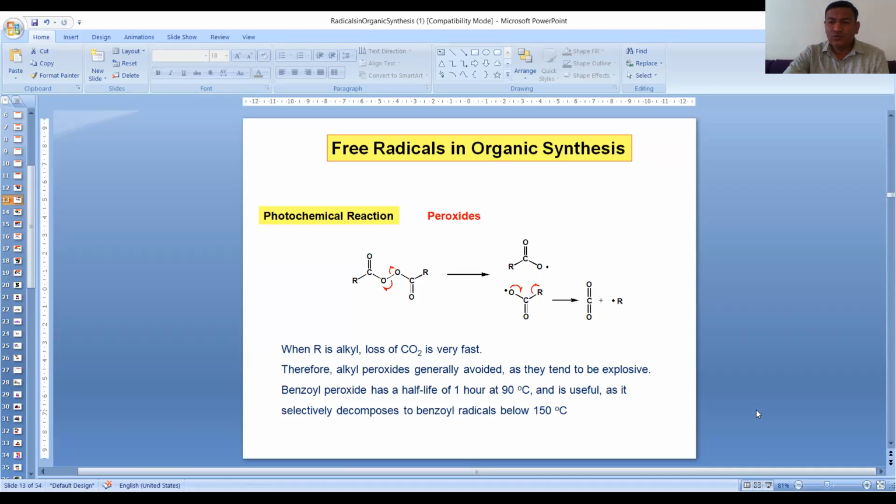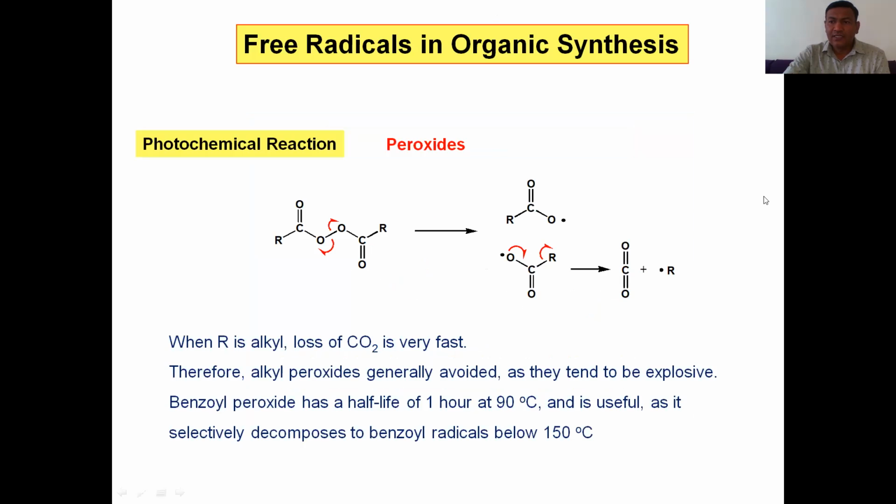And then we have to move towards the stability part, right? Stability of the peroxide. We have seen in pericyclic that we use two conditions, thermolysis and the photolysis method. Okay, means thermal and use of photon we can generate the radicals.